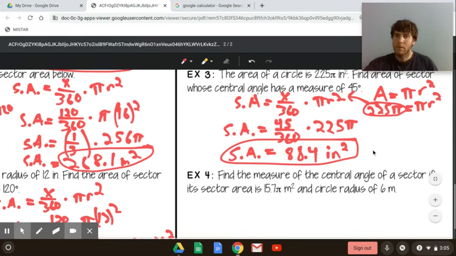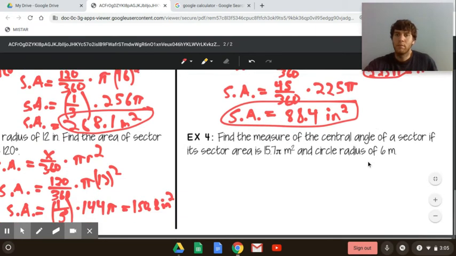And then the last one, find the measure of the central angle if we have the sector area and the radius. So here we're just using the formula in a little different way. So sector area, again, x over 360, the portion of the circle times the area. Area is pi r squared.